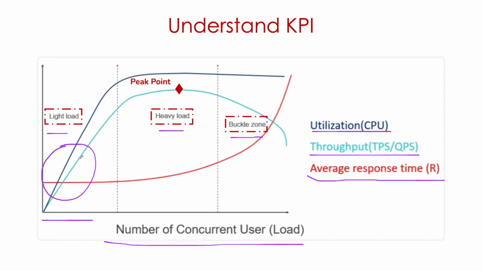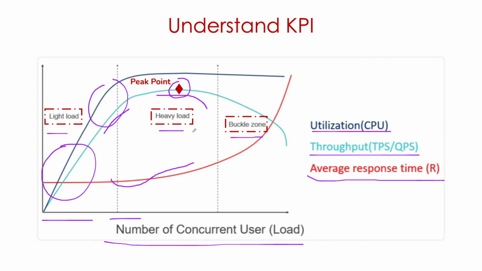Then the system load is increasing with the increasing of concurrent users. There are lots of concurrent users compared to the light zone. Then you can see the average response time starts to increase, right? And the throughput cannot be increased anymore, even starts to decrease. The system is under heavy load, and this line is the boundary point.